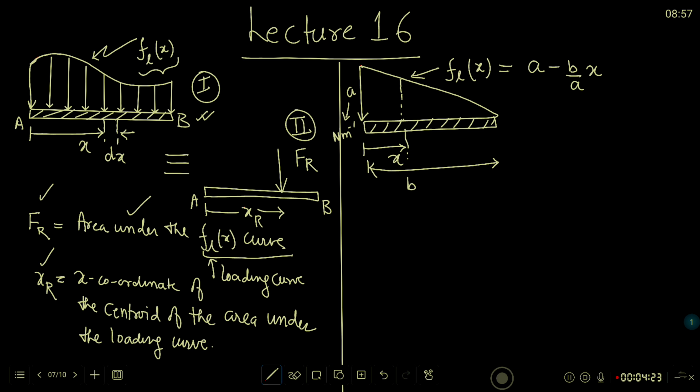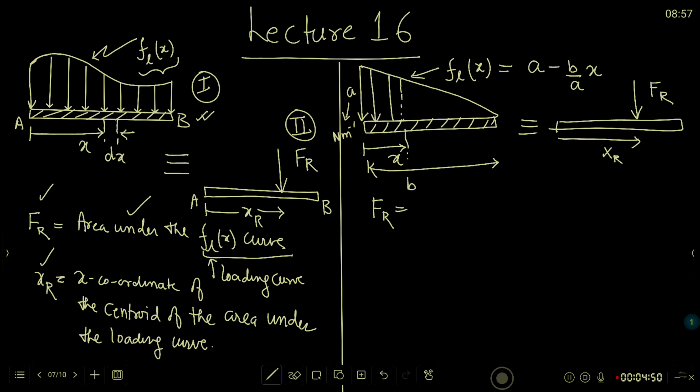Now if I have to find the equivalent force system for this line distributed force, it's going to be one single force acting at XR. Since I know Fr is the area under the loading curve, and the area under the loading curve here is a right angle triangle, I can find Fr easily as half AB.